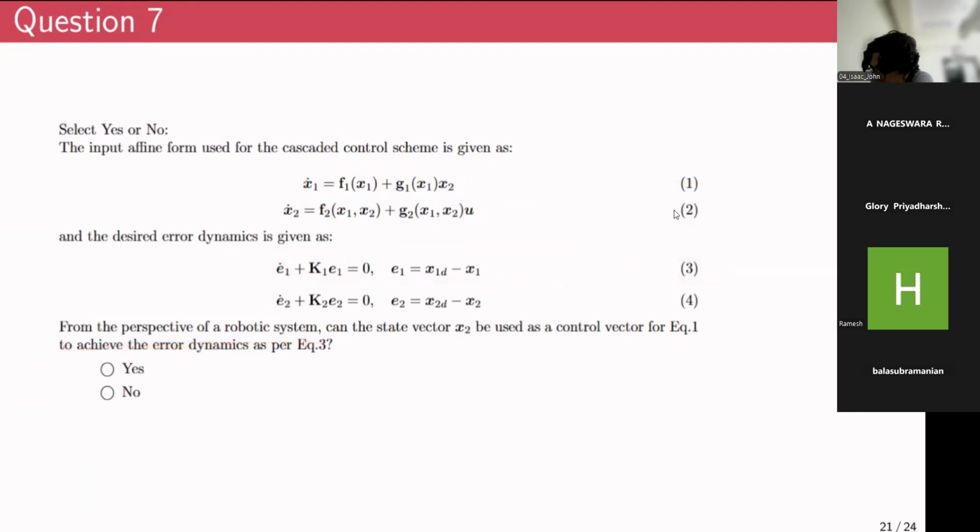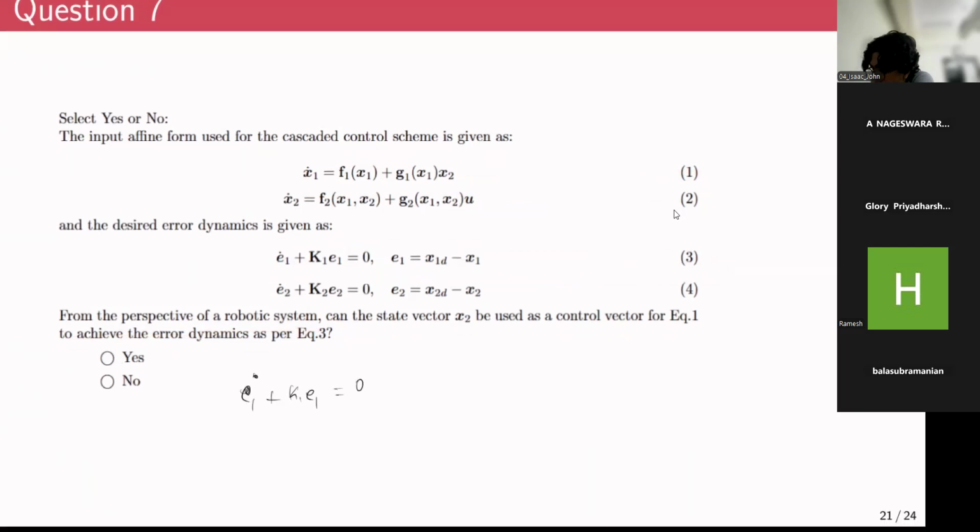So what it does is, e1 dot plus K1 e1 is 0. We know that e1 dot is x1 desired dot minus x1 dot.